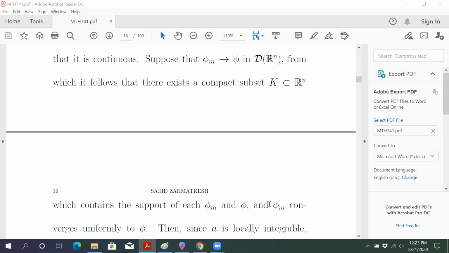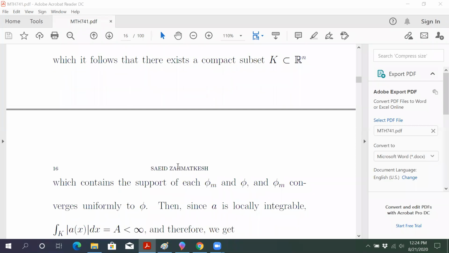But here we just use the fact that phi_m converges uniformly to phi. So there is a compact set containing the support of each phi_m and phi, and phi_m converges uniformly to phi.